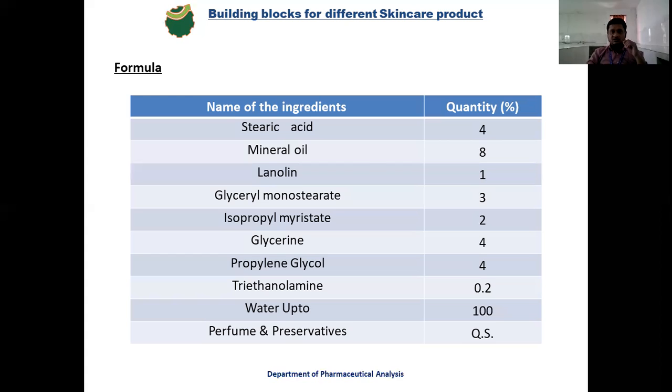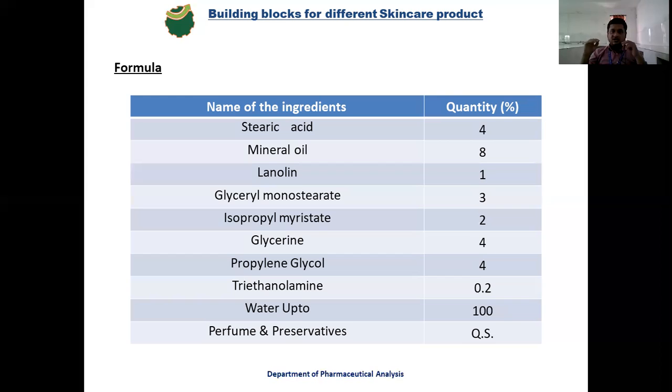Now you know that mineral oil and lanolin are used as emollients, glycerol monostearate as an emulsifying agent, and isopropyl myristate as a moisturizer, which itself can also provide a moisturizing effect. Glycerin and propylene glycol act as humectants, and triethanolamine acts as a pH modifier.